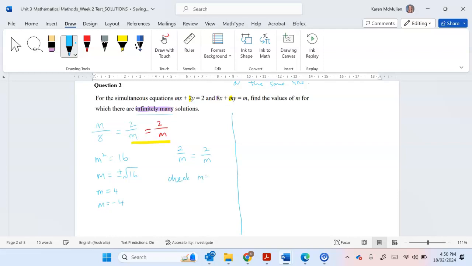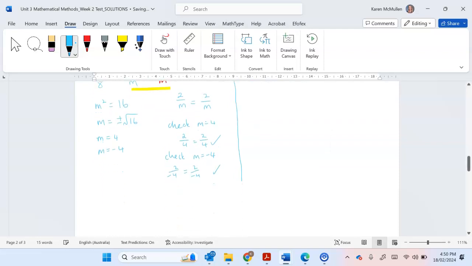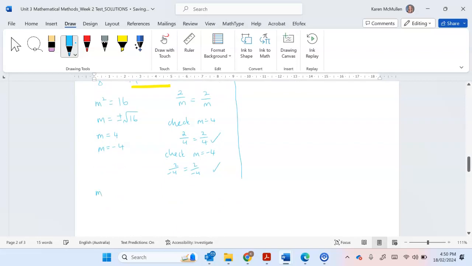So when m equals 4, we get 2 over 4 equals 2 over 4. So yep, infinite solutions. And let's check the other one because I always should. 2 over -4, and that does equal 2 over -4. So when m equals -4 and m equals 4, we have infinite solutions.